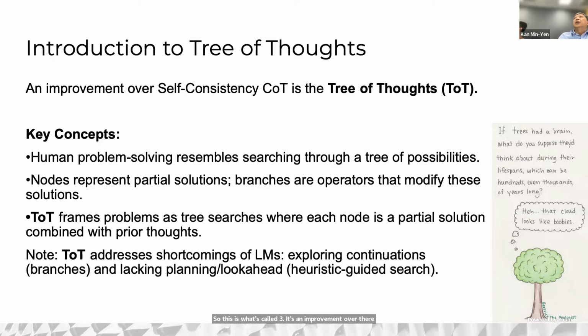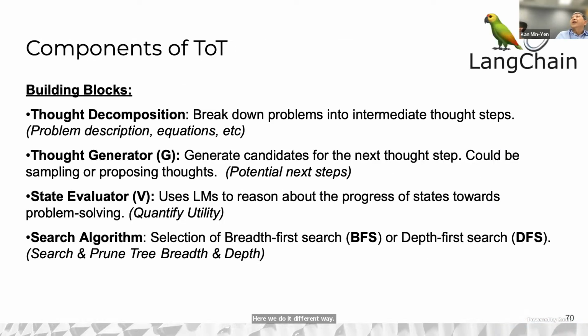Human beings solve problems by resembling searches through a tree of possibilities. Remember, in the self-consistency model, you basically only adjust the temperature, top P and top K and so forth. Here we do it a different way. With the components of Tree of Thoughts, there are about four of them.